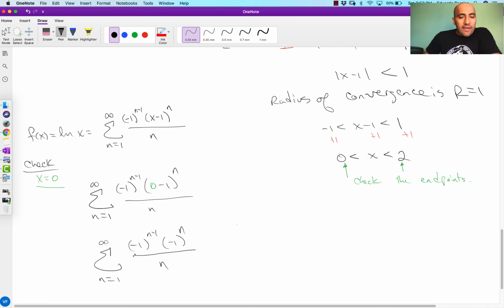Okay, so now we can combine these guys. So now this is going to be the sum as n goes from 1 to infinity. And if we bring them together, they have the same base. That means we add the exponents. We'll have negative 1 to the power of 2n minus 1, all of that all over n.